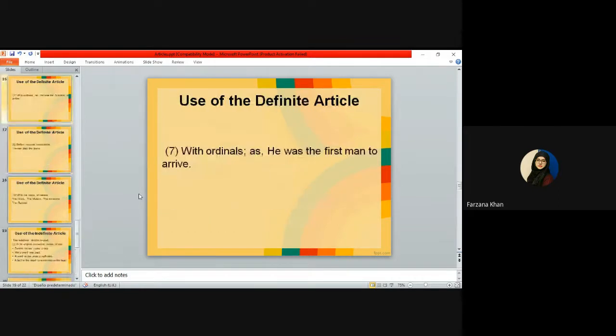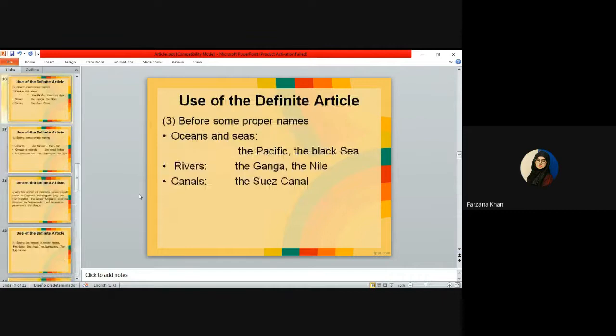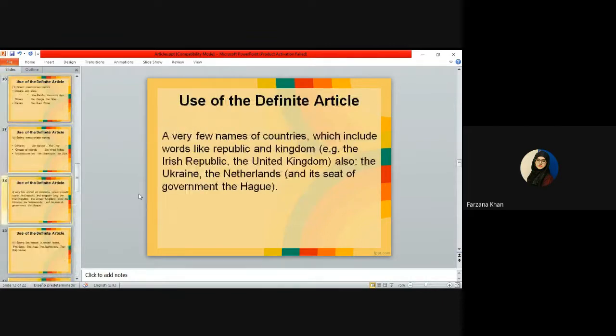Let me explain again so that you may not get confused. Yes, the rule is here. Definite article: a very few names of countries which include words like republic, kingdom, united and states. Also the Ukraine and the Netherlands require the use of definite article.